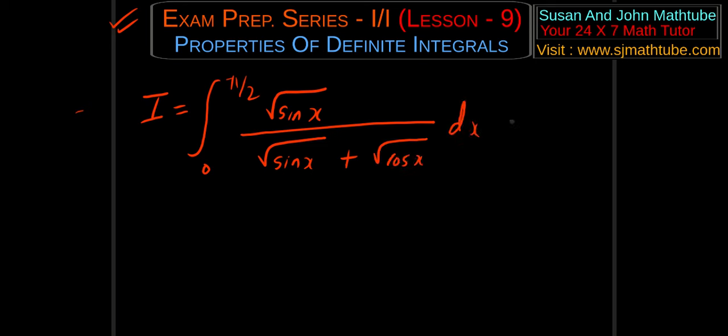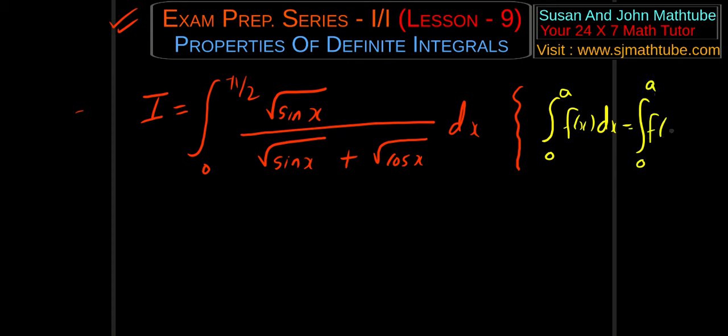Okay, so what you do is you keep in mind this property, integral 0 to a f of x dx is equal to integral 0 to a f of a minus x dx. You keep in mind this property and let's call this as equation number 1.